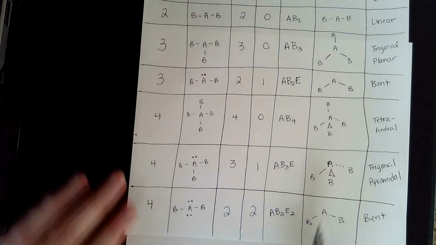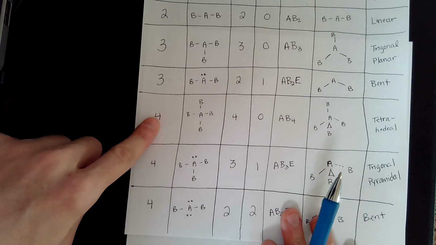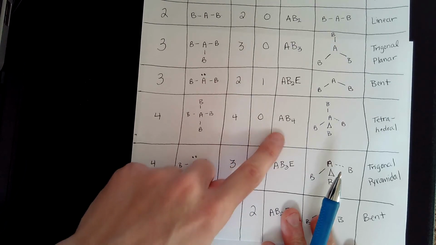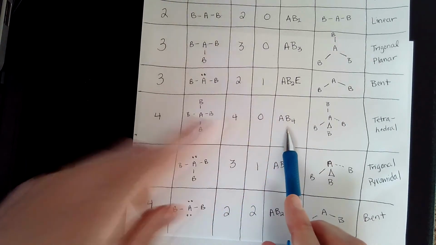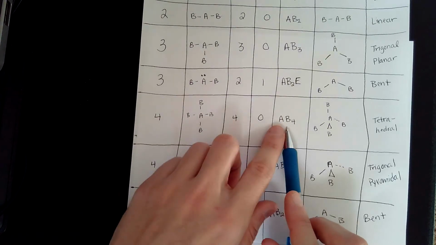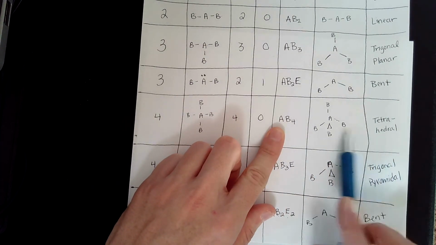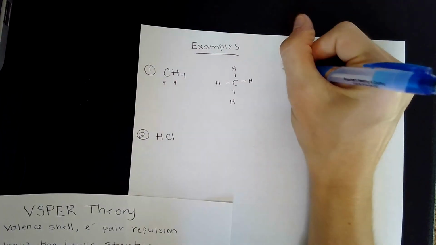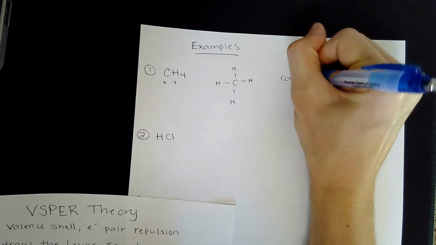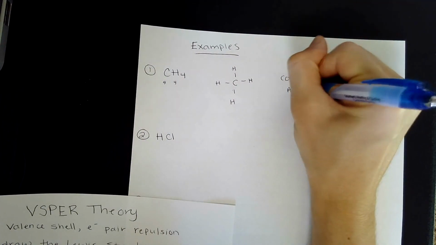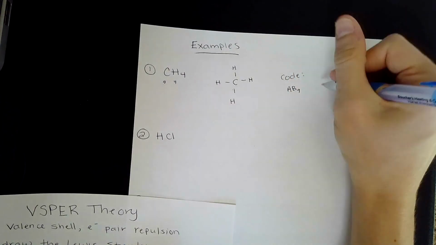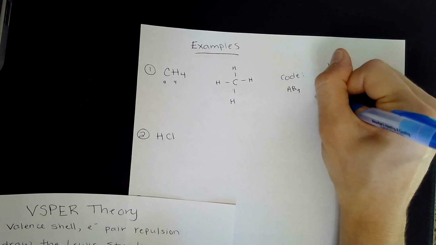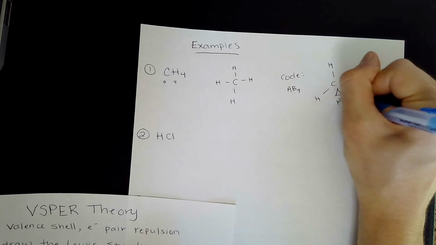So if I go into my 4 category here, and I have 4 bonded atoms with no electron pairs, so that VSEPR code I can write down as AB4, and that shape is tetrahedral. So our code is AB4, and we have that tetrahedral shape.